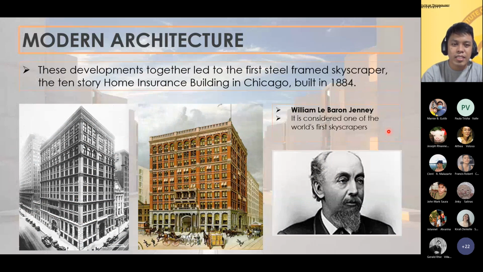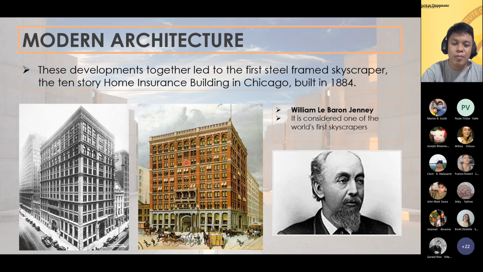So aside from that, in modern architecture, these developments, katong invention of steel, katong mga gipanghimo nila ni Gustave Eiffel, gipanghimo nila ni Joseph Paxton, those developments reach America. Kato siya nga mga ideas nga use of steel, niabot siya og US. And this time around, it led to the first steel-framed skyscraper, the Home Insurance Building in Chicago.